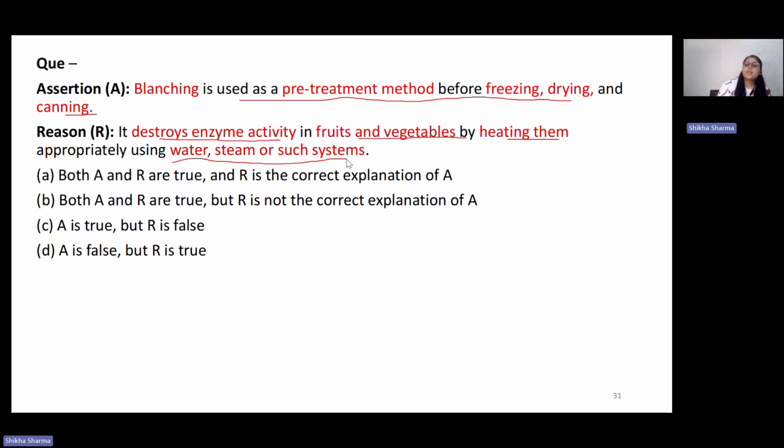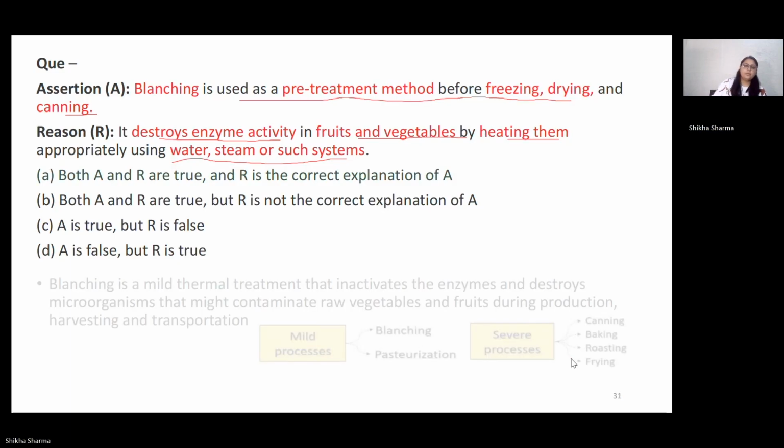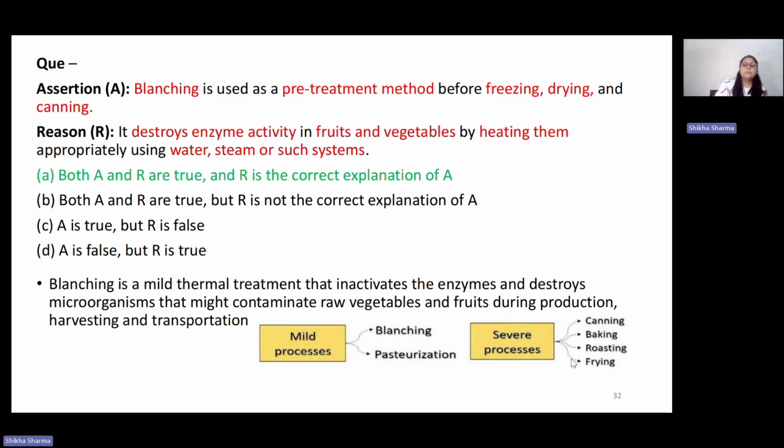So we need to tell which option is correct, whether the assertion and the reason are true, and whether the reason explains the assertion. Here both assertion and reason are correct, and the reason is the correct explanation of the assertion.